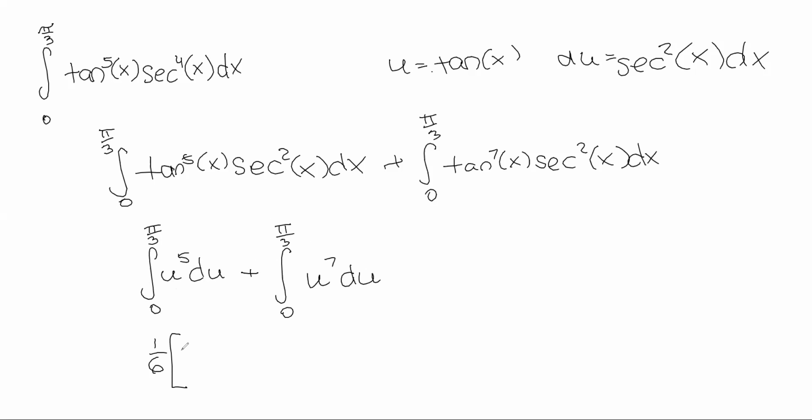U to the 6th power, that's just going to be tangent of x to the 6th, from 0 to pi over 3. And then the next one is going to work in a really similar way. We're going to have plus 1/8 u to the 8th power when we integrate.